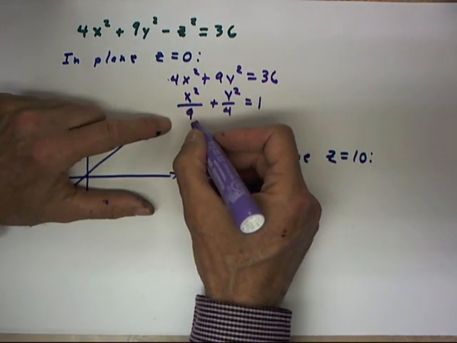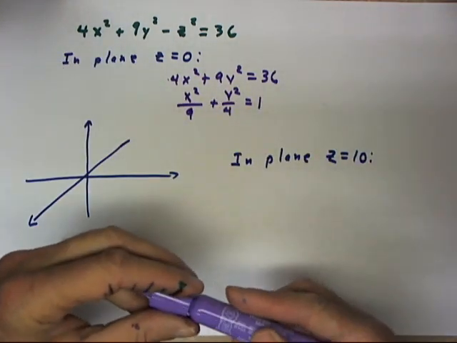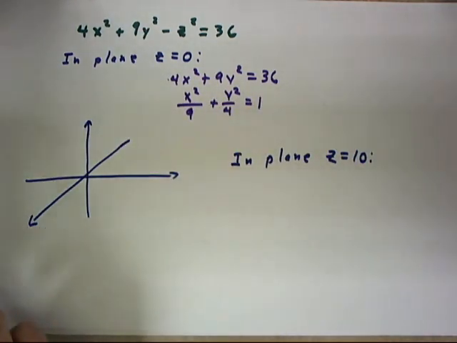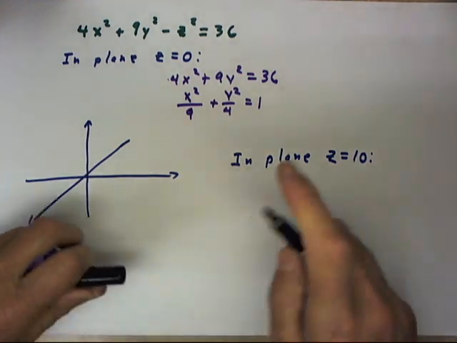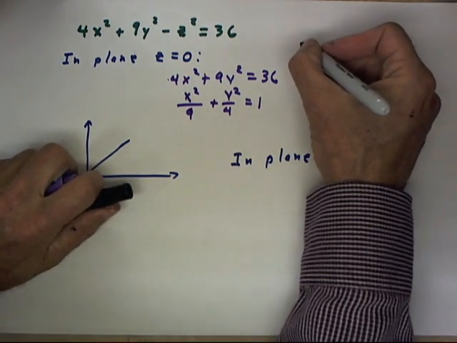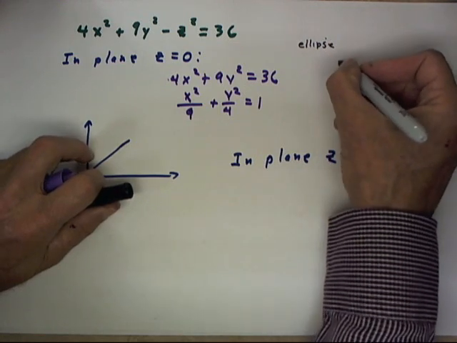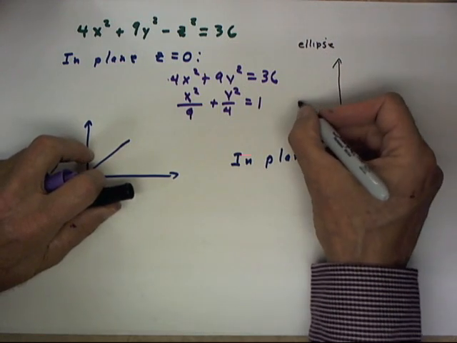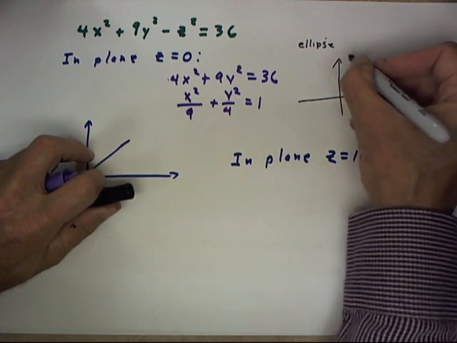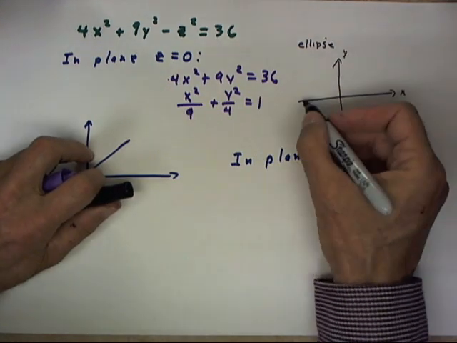So what is this? This is an ellipse. And let's consider what that ellipse looks like, graphing this ellipse in the xy plane.